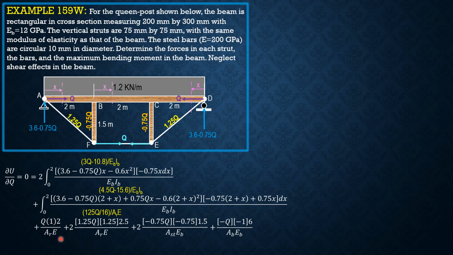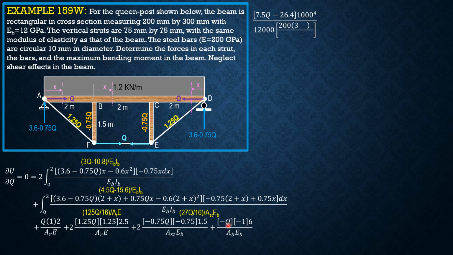This is just 2Q over area of rod, E. Then this one, 27Q over 16 over area of strut, E of beam, area of strut, not E of beam. Then they are combined.